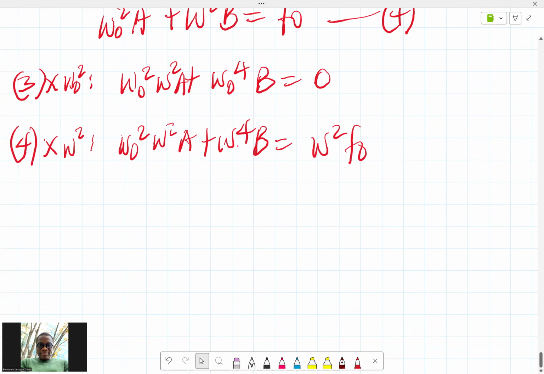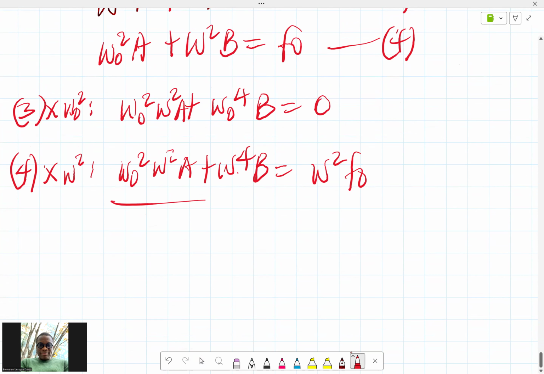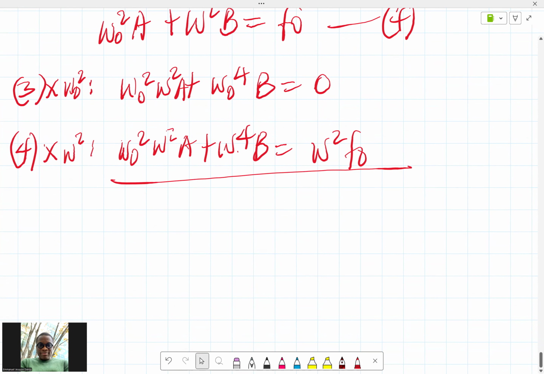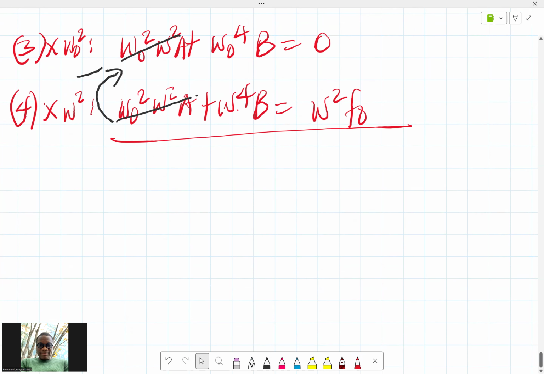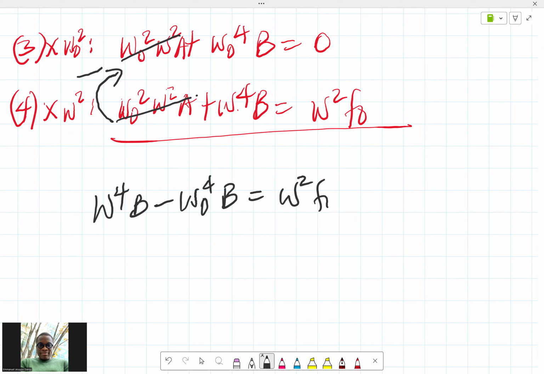Okay, so we can subtract now. So we just say this minus this. Let me go black here. So this minus, oh, okay, I thought I had changed that. So this minus this. So of course, this will just cancel out. And we have omega 4 b plus omega naught raised to power 4 b. That is equal to omega squared f naught.